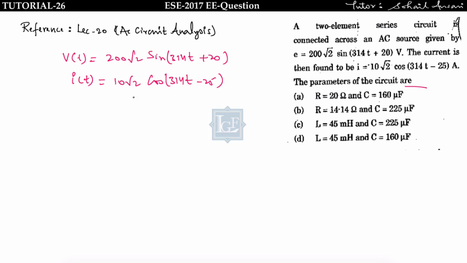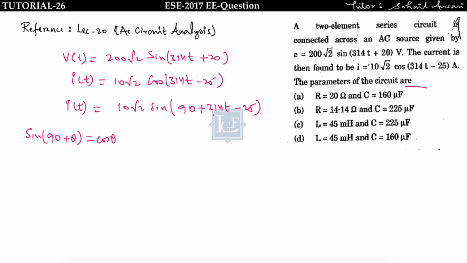See here, Vt is given in sine form and It is given in cosine form. So you have to convert either one of them in sine or cosine. So I will convert It in sine form. I can write 10 root 2 sin(90 + 314t - 25). We know that sin(90 + theta) is equal to cos theta.